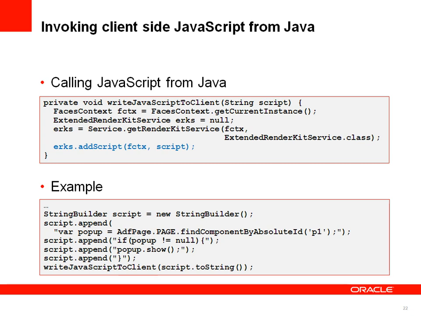Extended RenderKit Service.getRenderKitService to get a hold on the RenderKit service. We pass in the Faces context and the RenderKit service as a class, so we have the object reference. We get a handle out of this, and this handle has a method called addScript, and that's all we need to do. Just pass in the string for the script, and then with the next response the script will be sent to the client and executed there.